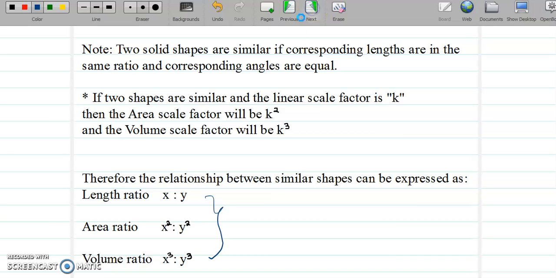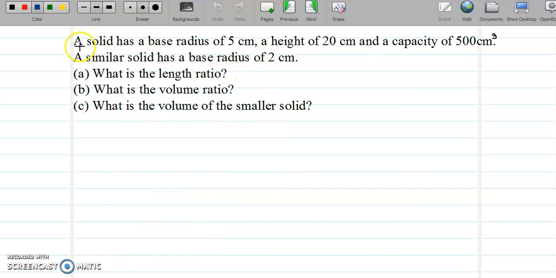Okay, now look at this. It says a solid has a base radius of 5 cm and height of 20 cm and a capacity of 500 cm cubed. Capacity means volume. A similar solid has a base radius of 2 cm.